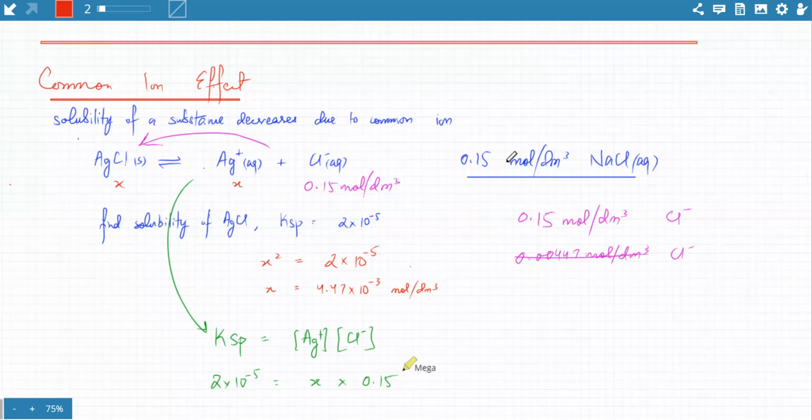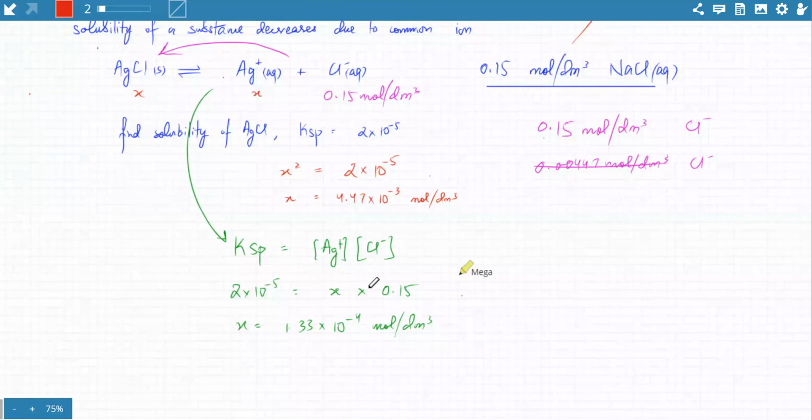Try and solve this. So now it's 10 power minus 4 that's getting dissolved. So is this part clear? Yes, sir.